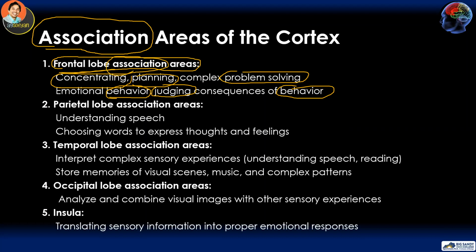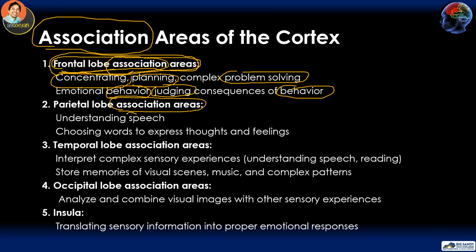Okay, so when we talk, for example, the way we talk, the behavior, the wisdom that we produce in our speech, it is controlled by or comes from this area. And then there is the parietal lobe association area.